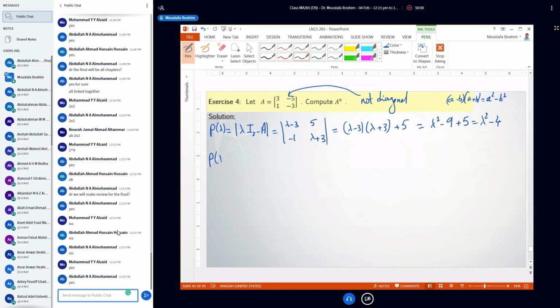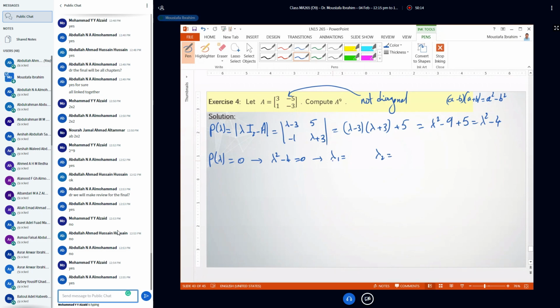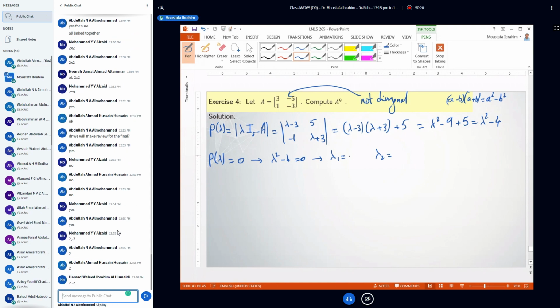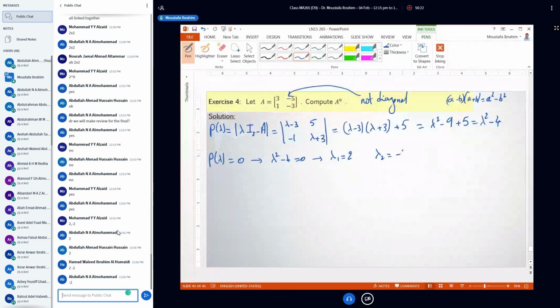Now let's find the eigenvalues. So P of lambda equals 0. Lambda squared minus 4 equals 0. So lambda 1 equals, lambda 2 equals what? 2 and minus 2. Very good. So 2 and here minus 2.